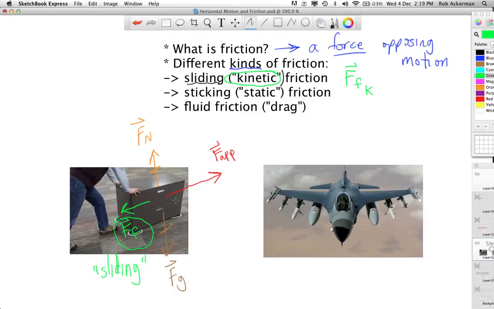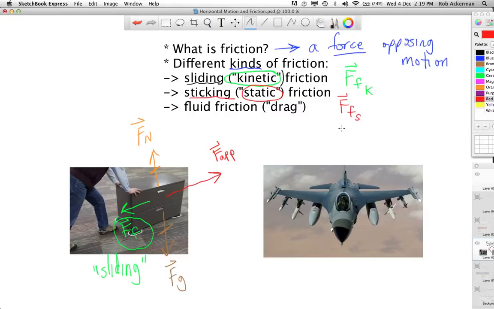Push a little bit harder, it still doesn't move. You have to push quite hard to get it moving. Even though you're pushing and there's no motion, this is a strange kind of friction. We call this sticking friction or static friction. So when you can push, but there's no motion, that one is F_f s for static.